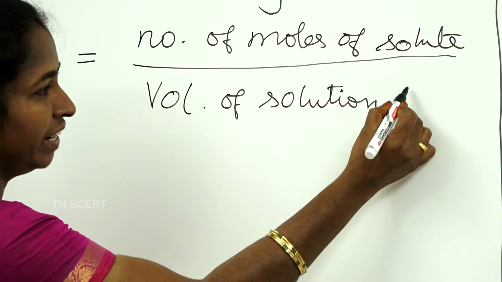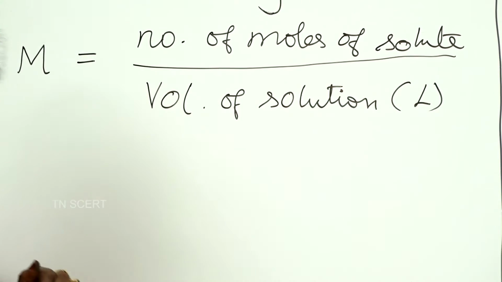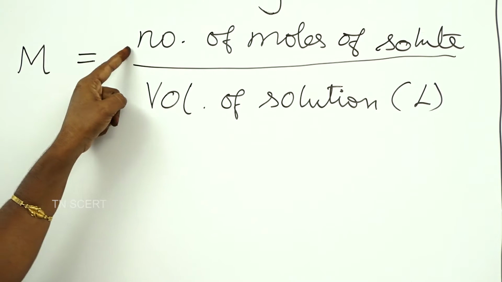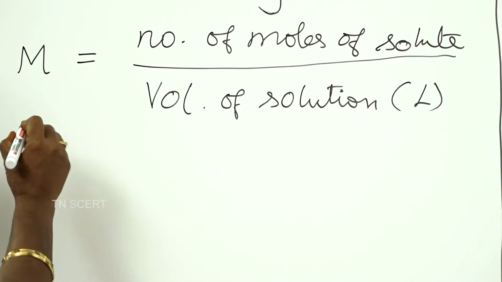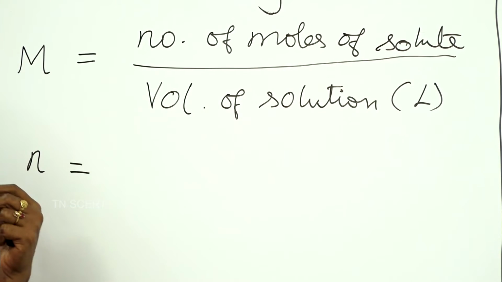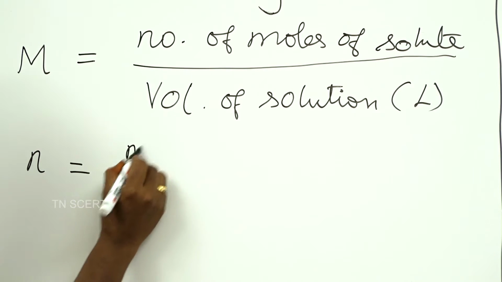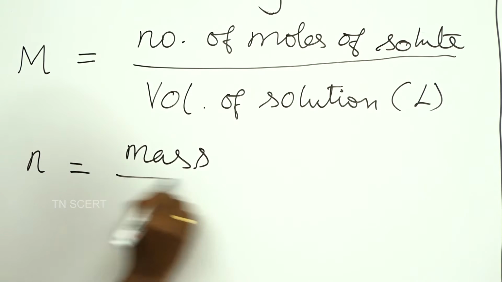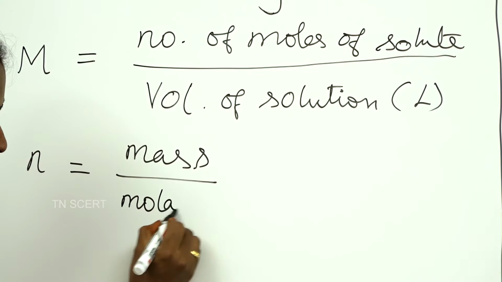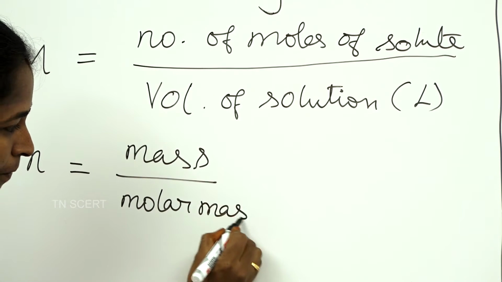The volume should be given in liter. Now, what is number of moles? Number of moles is given by the letter N. This N is equal to mass by molar mass.